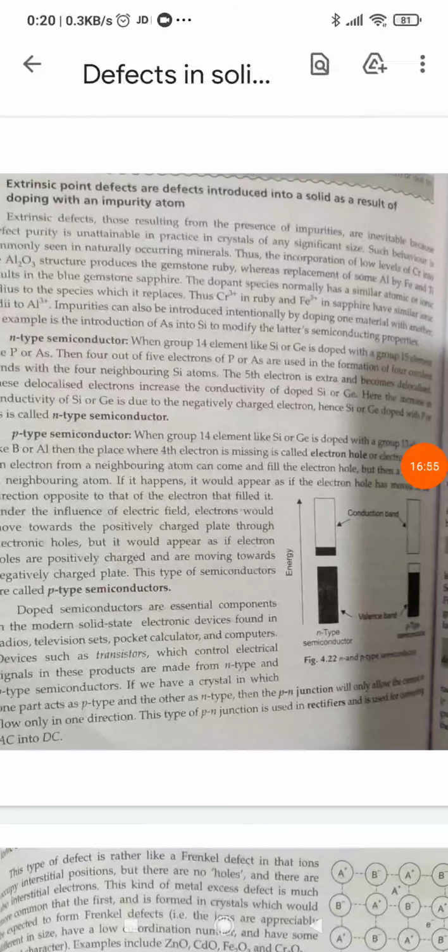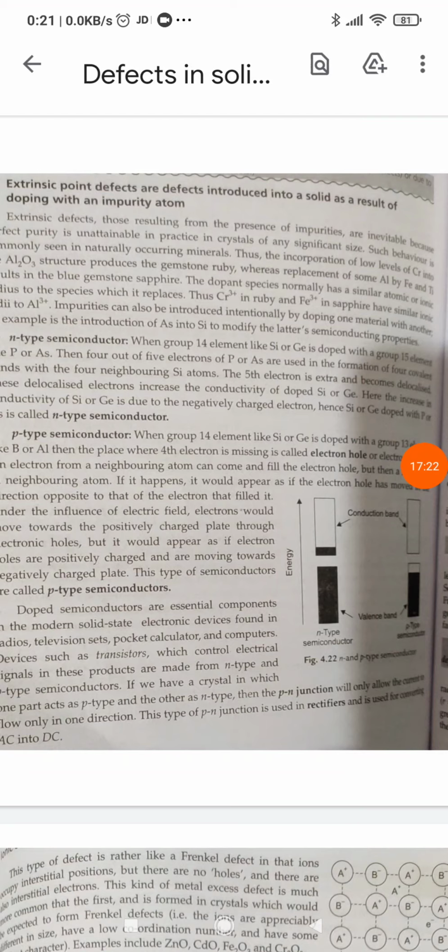When group 14 elements like silicon or germanium are doped with a group 15 element like phosphorus or arsenic, then 4 out of 5 electrons of phosphorus or arsenic are used in the formation of 4 covalent bonds with the 4 neighboring silicon atoms. The 5th electron is extra and becomes delocalized.